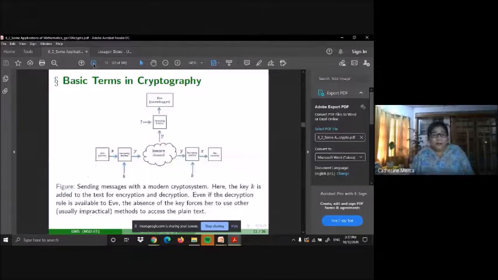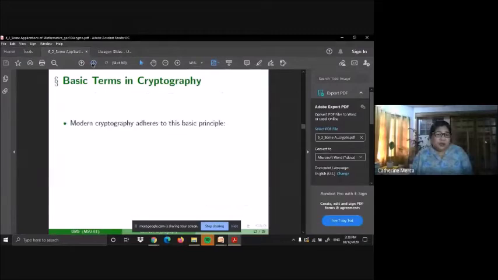So sending messages in modern crypto system, here the key K is added to the text for encryption and decryption. So even if the decryption rule is available to Eve, the absence of the key forces her to use other usually impractical methods to access the plain text, which is by brute force.